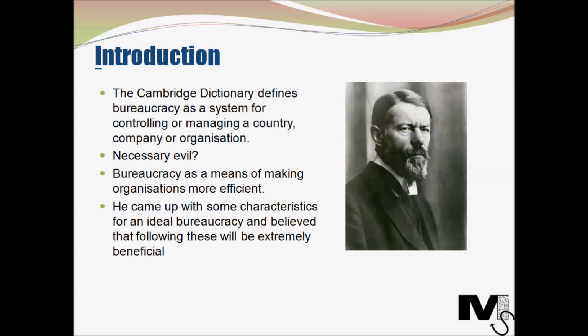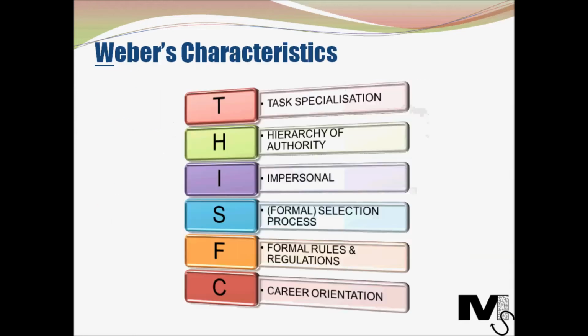Now let's look at these characteristics, and also let's look at a way to remember or memorize them. Now the characteristics are task specialization, hierarchy of authority, impersonal, formal selection process, formal rules and regulations, and career orientation.